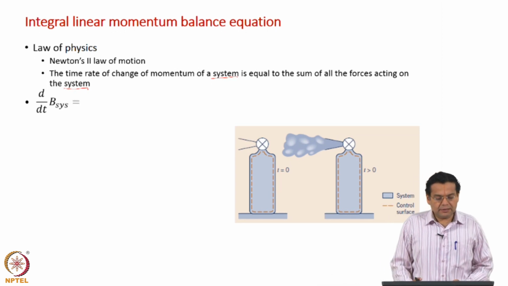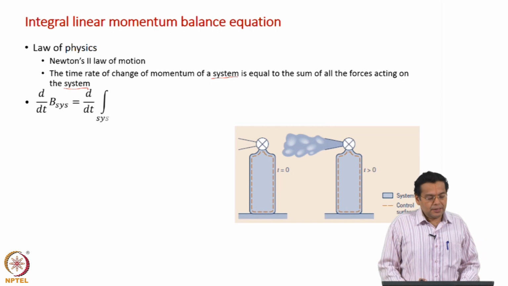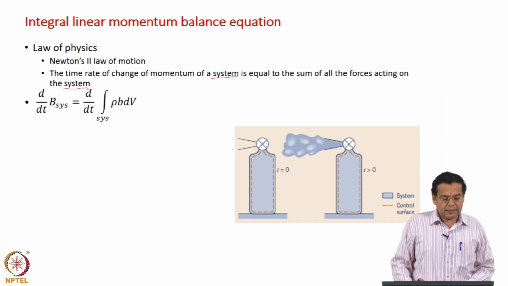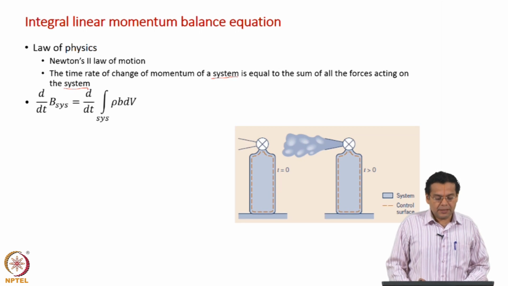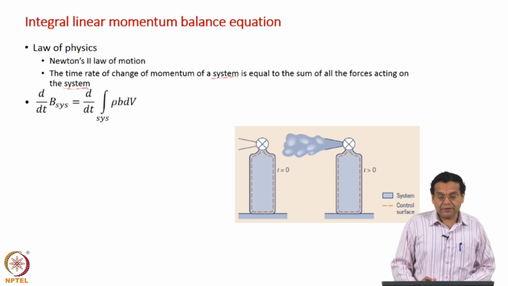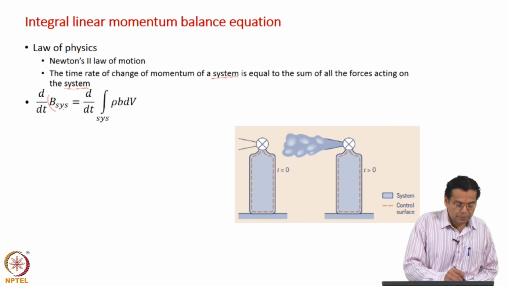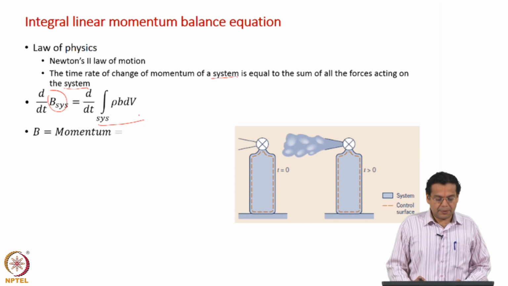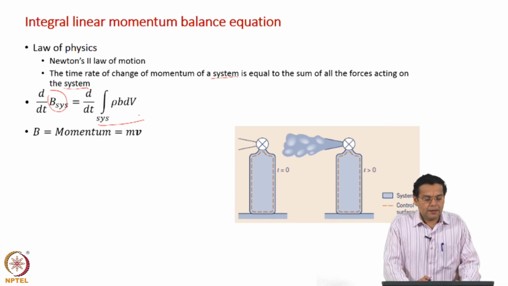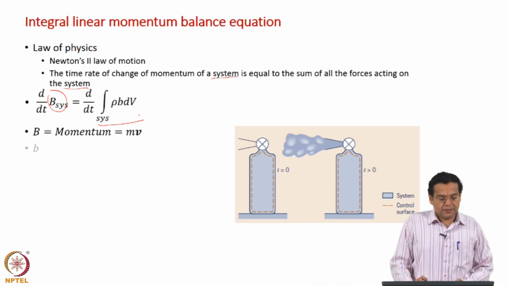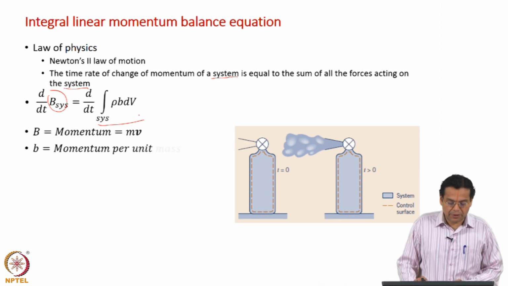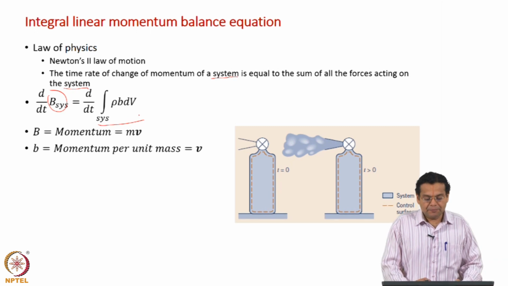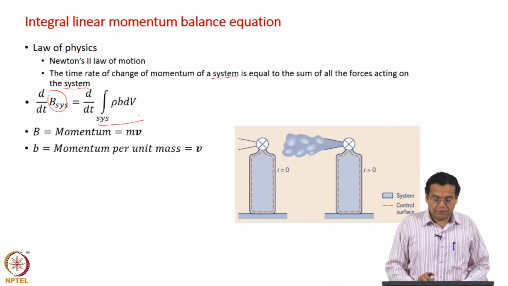Now, when we derived the Reynolds transport theorem, we expressed the rate of change of an extensive property of the system in terms of the rate of change of an integral. Here, capital B represents, in the present case, momentum, mass times velocity, which is an extensive property, and small b would now represent momentum per unit mass, which is the velocity vector.